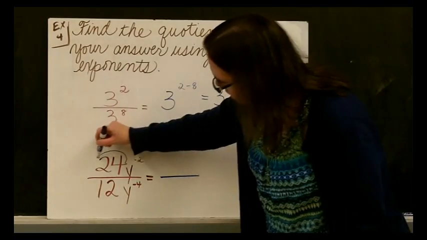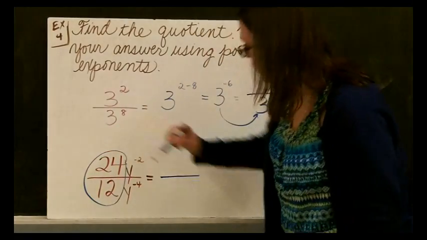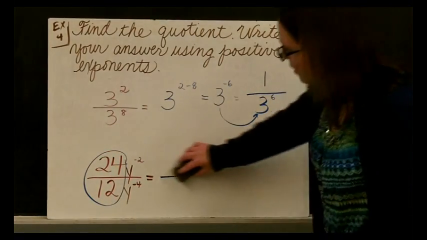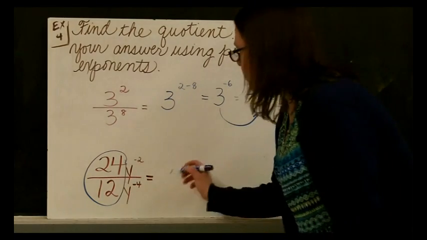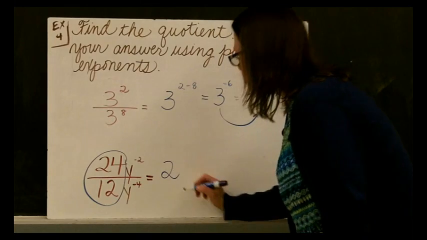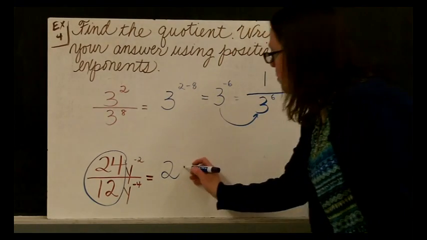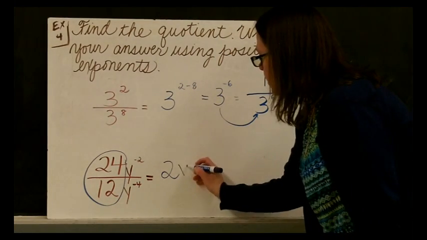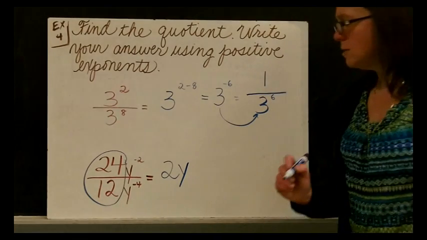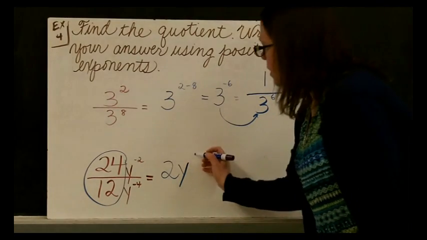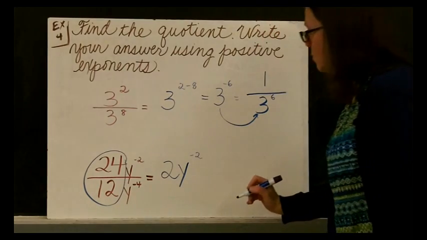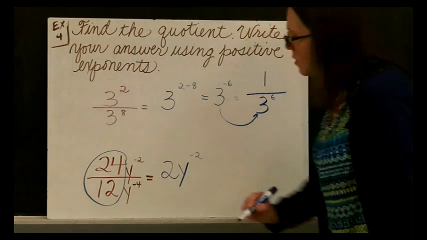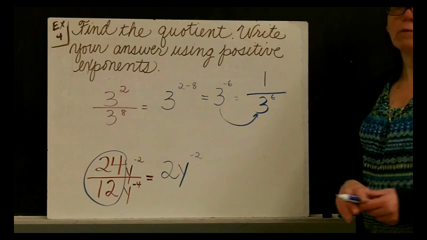We have a 24 being divided by 12. 24 divided by 12 is 2. And remember, we are going to then attach our base y. Our numerator has an exponent of -2. Our denominator has an exponent of -4.